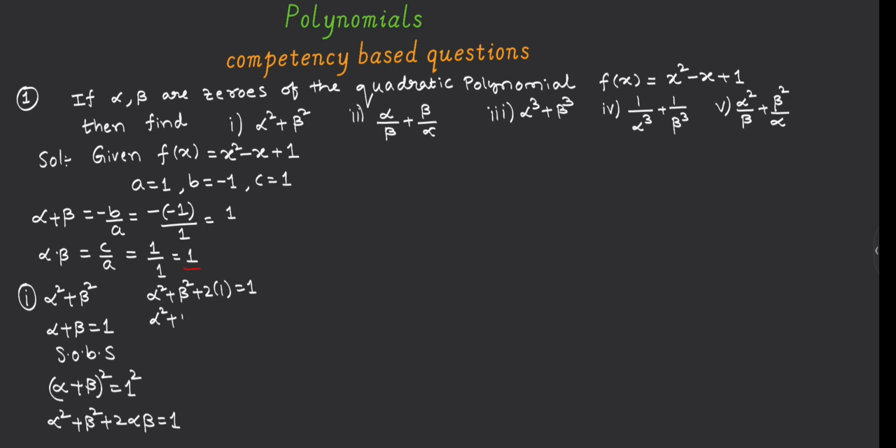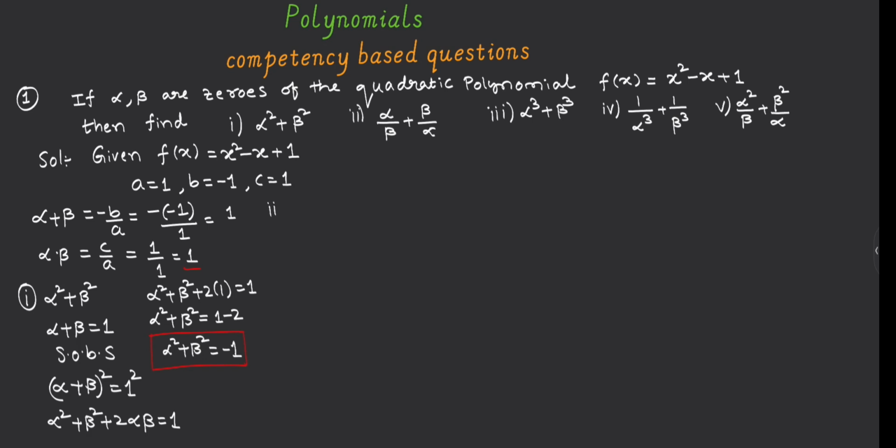Transposing this to the other side, we get 1 minus 2. So alpha square plus beta square is equal to minus 1. This is the first answer. We got alpha square plus beta square is equal to minus 1.